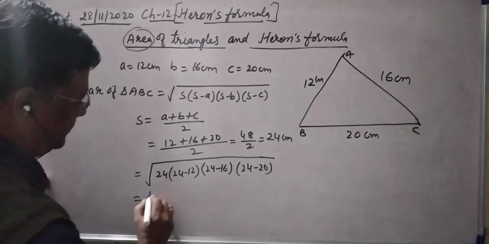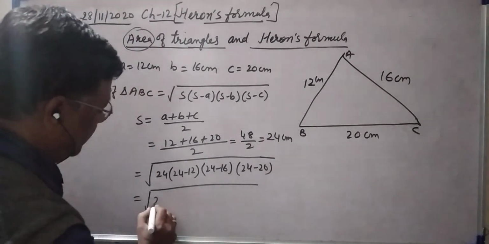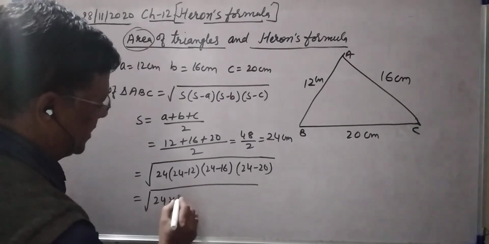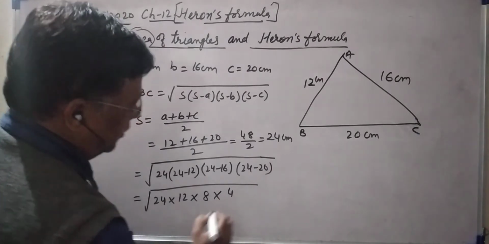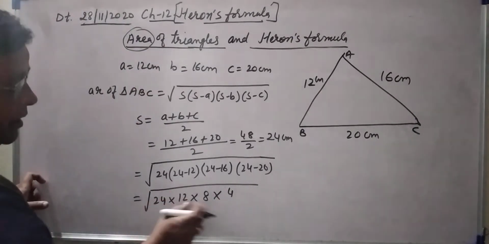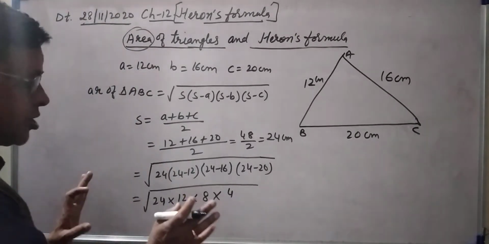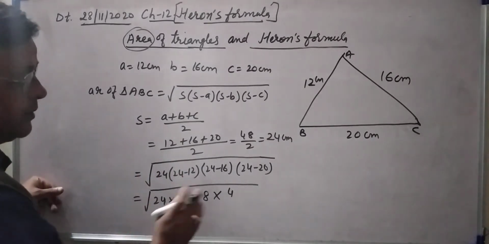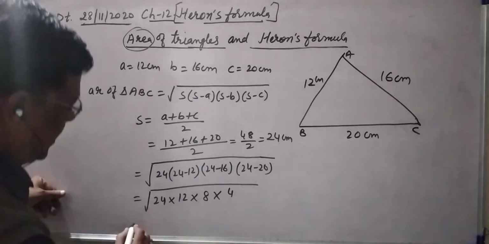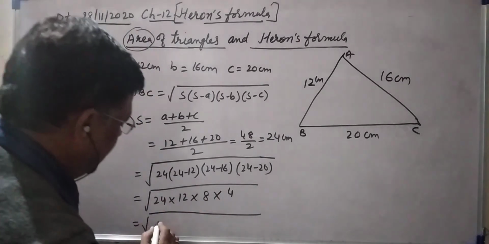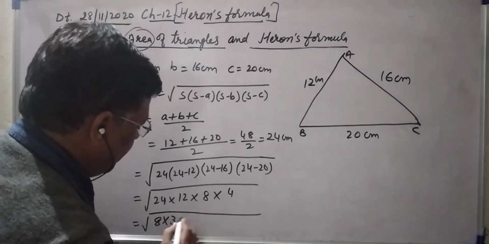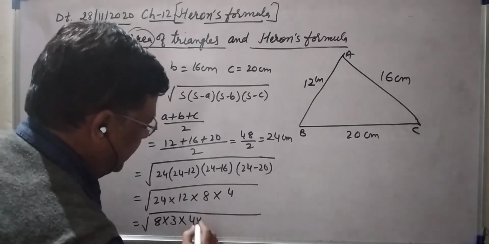Find it. 24, it is 12, it is 8, and it is 4. Now you factor them, prime factorization. Otherwise, you factor in such a way that you will get pairs. See how I can do it. This 24 is 8 into 3. This 12 is 4 into 3.